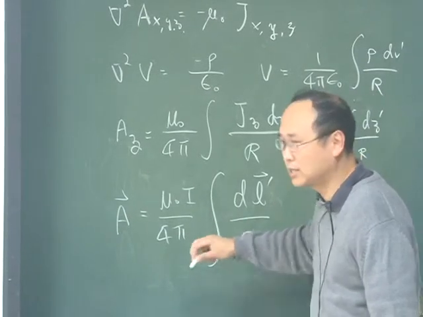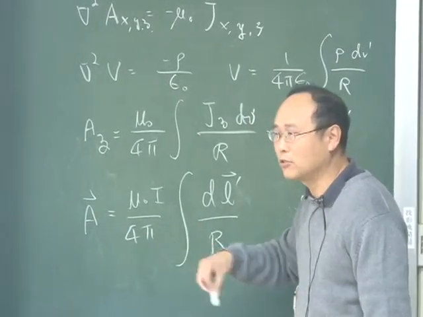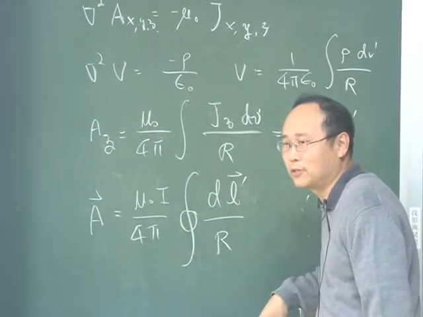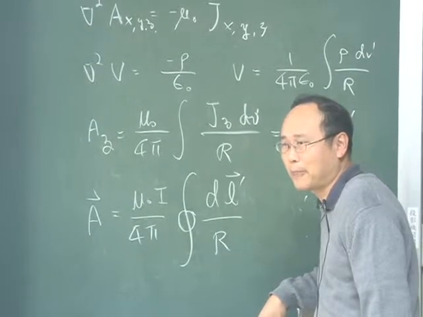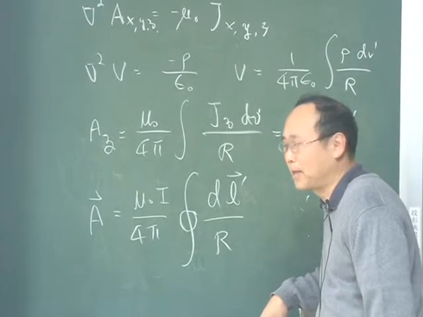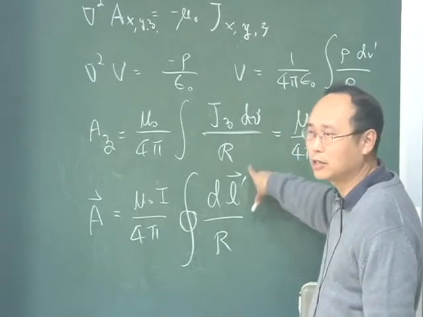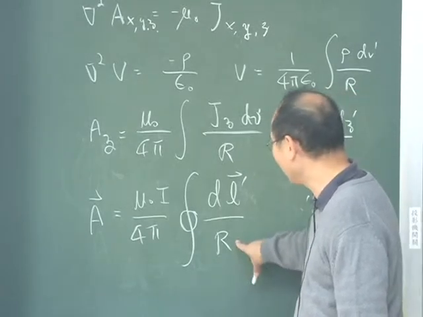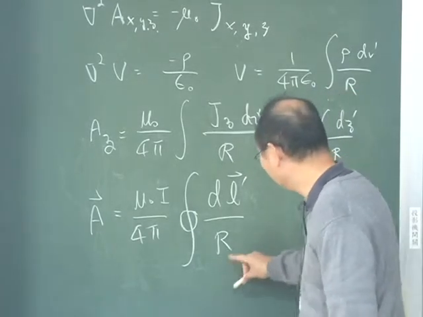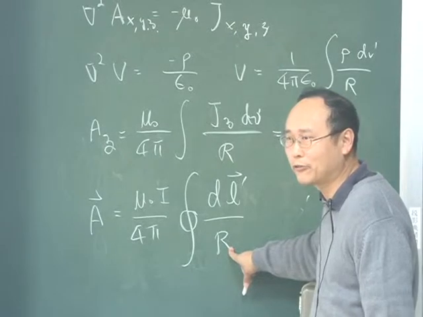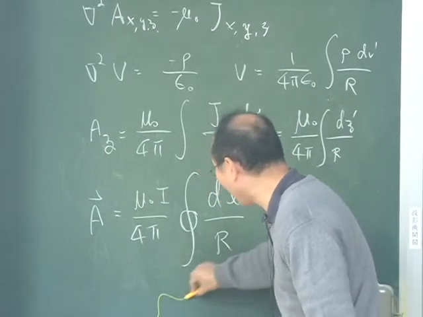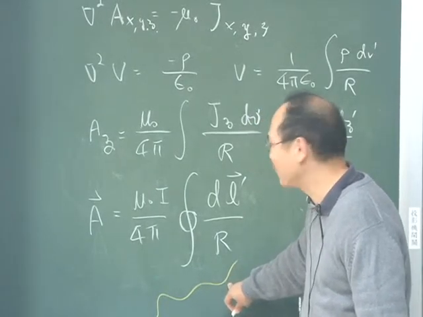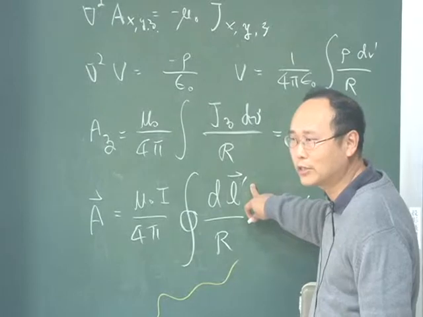Usually the current is in a wire, usually a closed loop. So very often you put a symbol for the closed loop on this integration. Don't forget this is the vector along the direction of the current flow, and this R is the distance between your source and the location of your interest. Suppose you have a wire like this, and the coordinates of this wire are defined in the primed coordinate system.